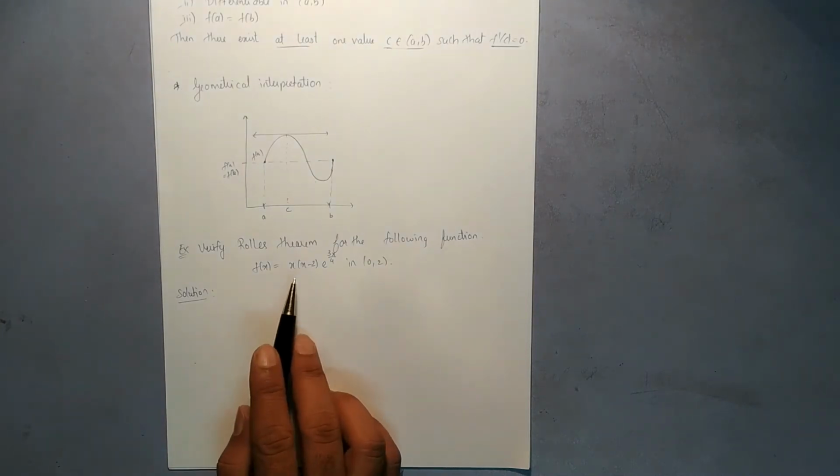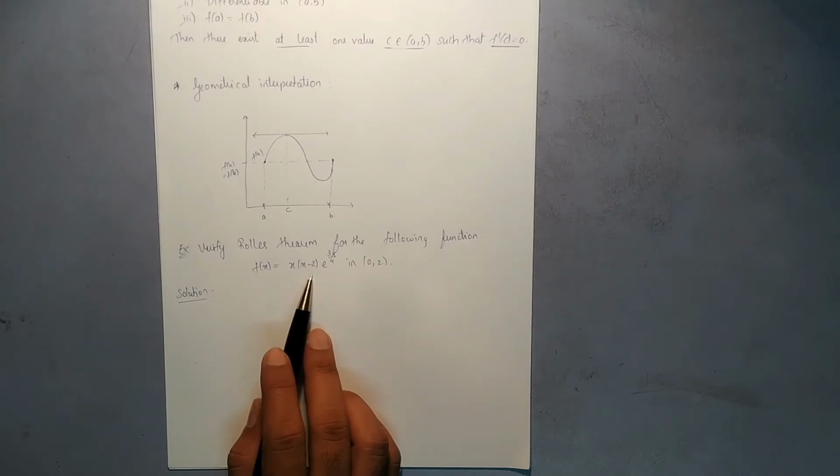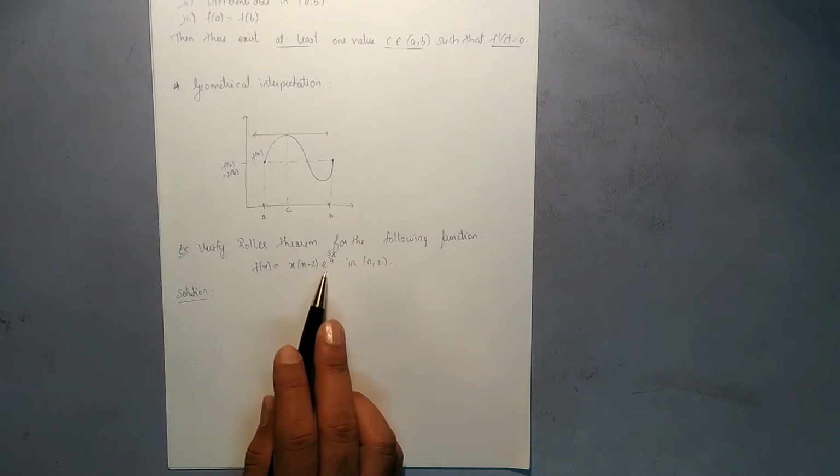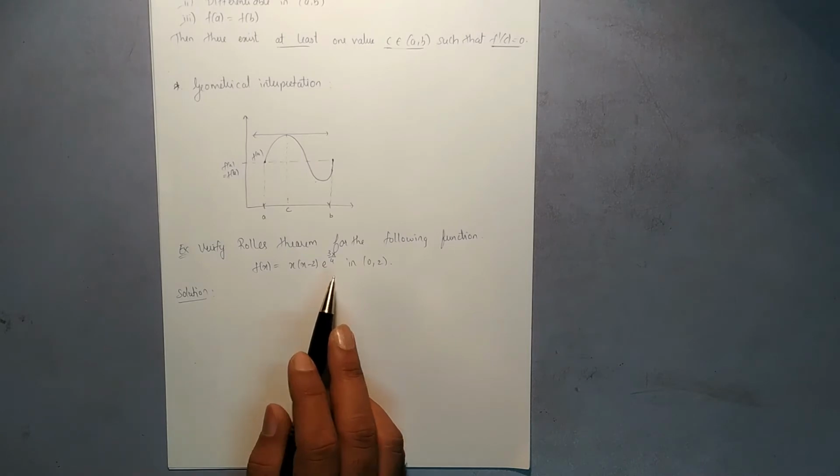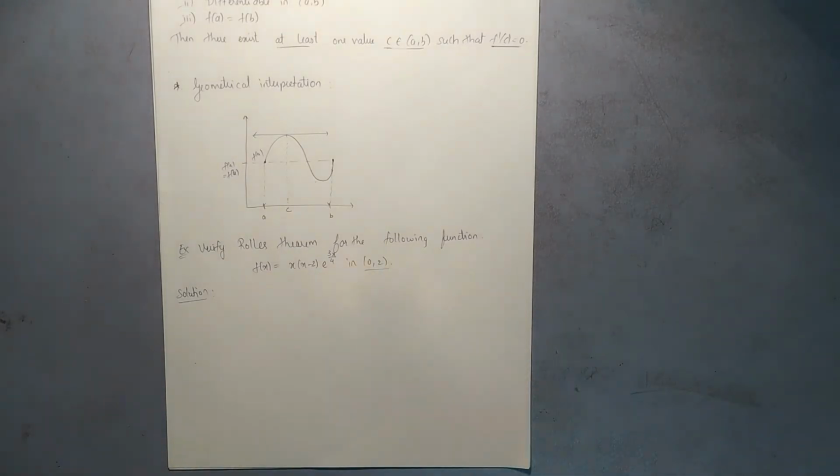Now we will verify Rolle's theorem for a function given as f of x is equal to x into (x minus 2) into e raised to 3x upon 4, and the interval given is 0 to 2.